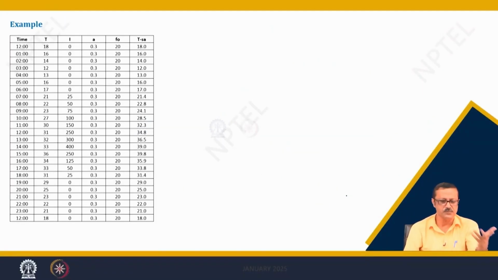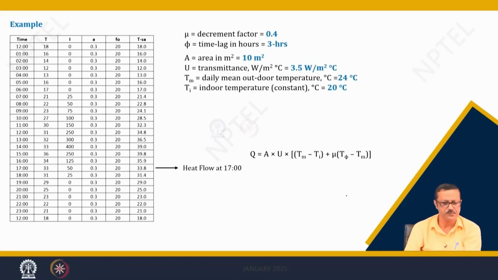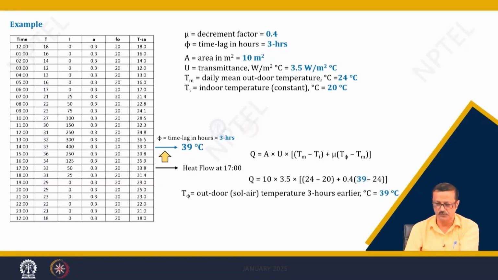Suppose I have computed for 17 hours, same. So, 17 hours if I see, that means evening afternoon 5 o'clock. So, I have to go 3 hours back and I have to take the 2 o'clock solar air temperature, which is 39 degree. So, just like that, the 3 hours phase lag temperature I have to take and put it over there.